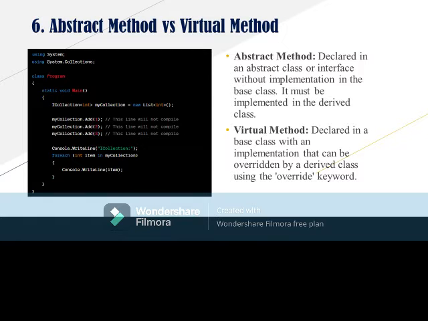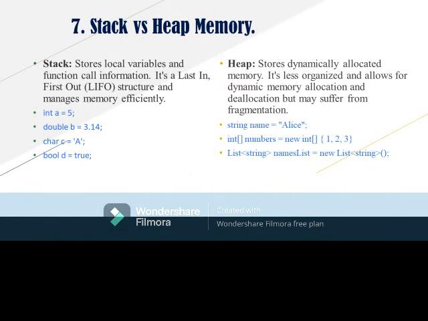Great. Babar, can you differentiate stack versus heap memory? Yeah. Stack memory stores local variables and function call information. So local variables like integer values, boolean values, decimal values. All those values you can store in the stack memory.